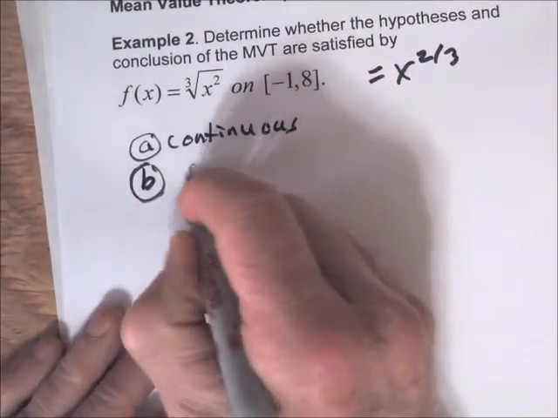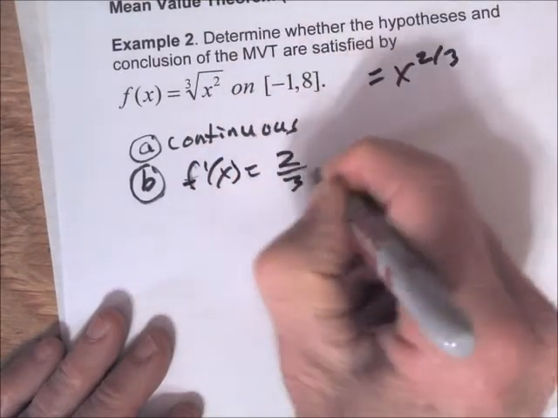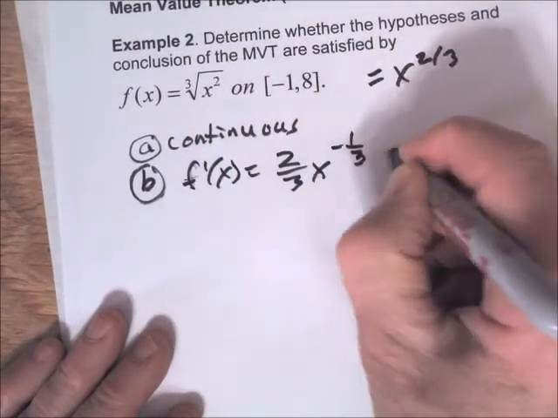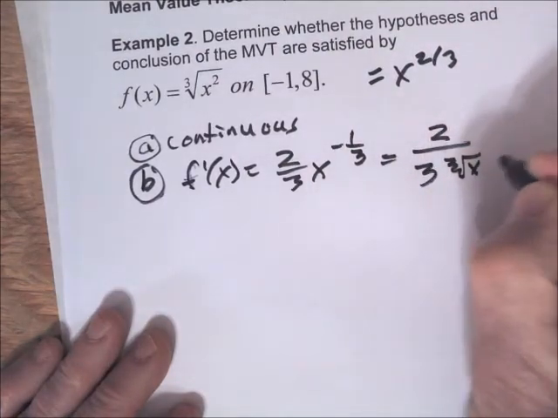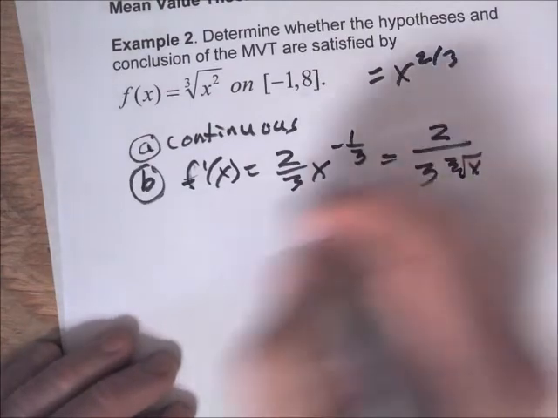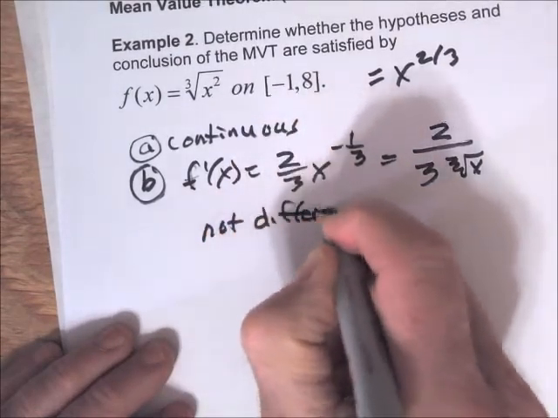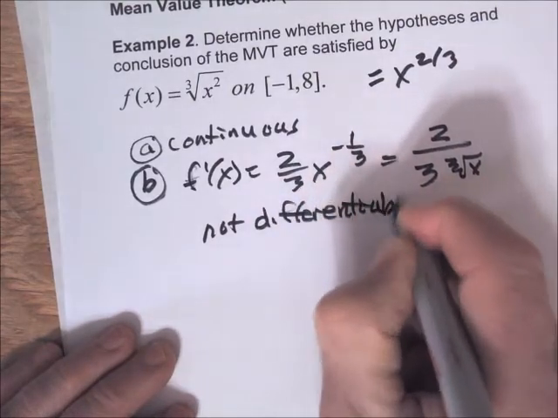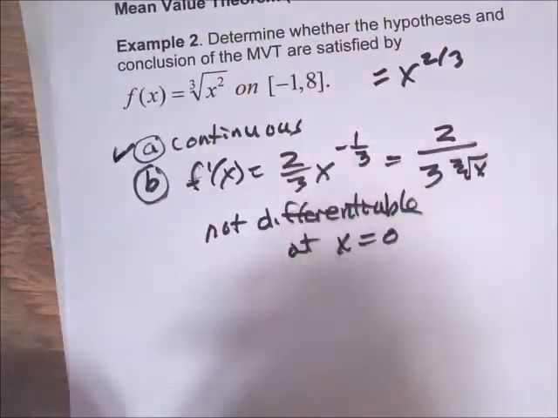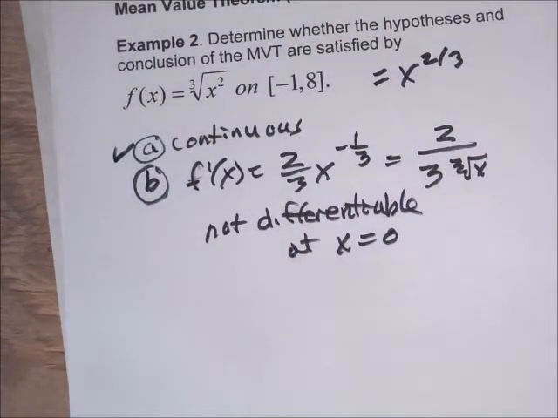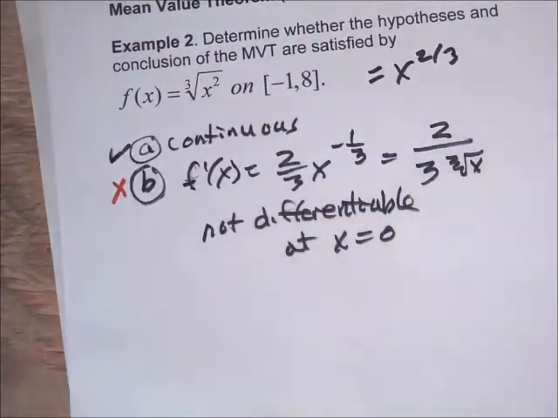So the derivative f prime of x is equal to 2/3 x to the minus 1/3. That's 2 over 3 cube root of x. And that's not defined when x is 0, so not differentiable at x equals 0. So first, continuity is satisfied, but not differentiability. So the conclusion may or may not be true.